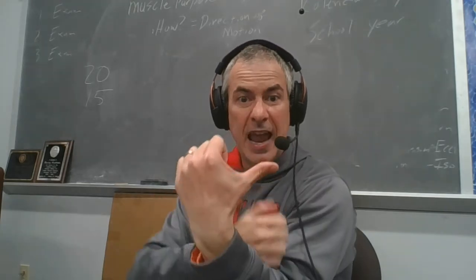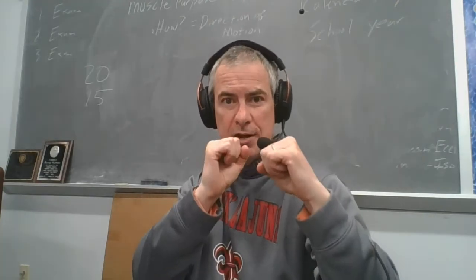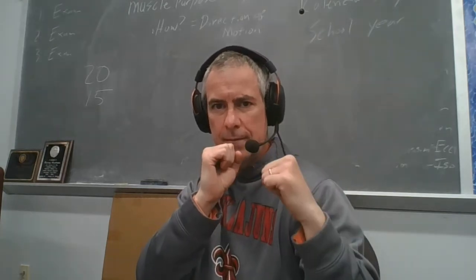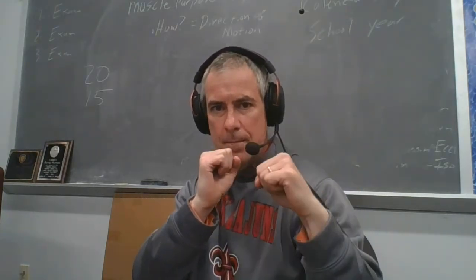So what happens when I move my hand away from the target this way at the same time as I do that way? They cancel each other out. They cancel out rotation, and they summate translation, and you get this. Cancelation of rotation and summation of translation.